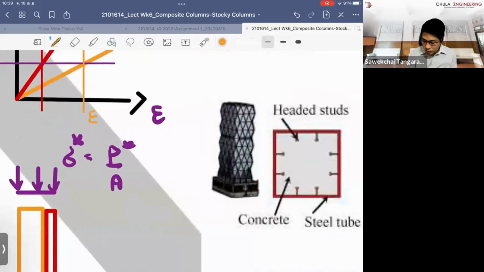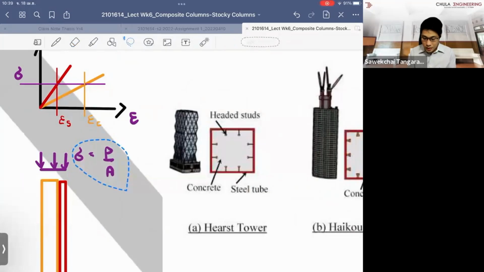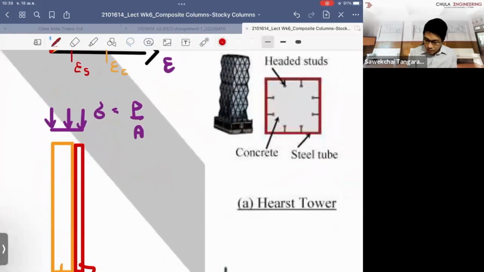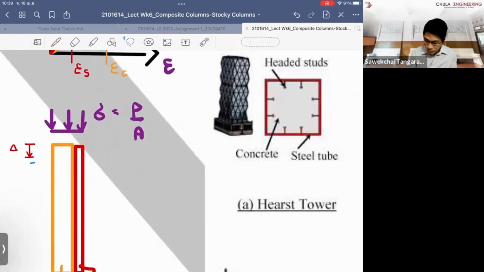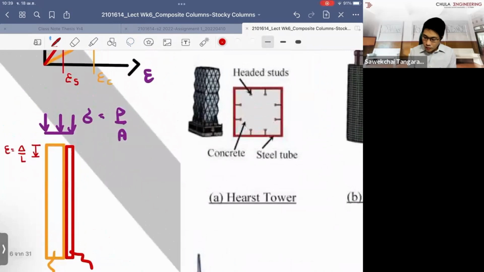The strain that responds to the stress for the concrete and also for the steel, even under the elastic designs, you see that the deformation, the strain, is determined by the length, right?